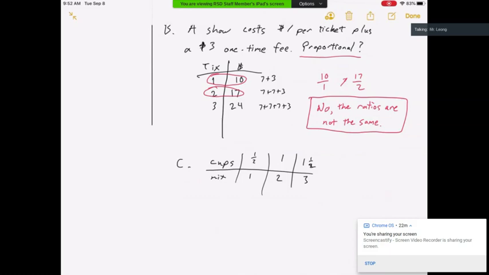Ooh, fractions. Fractions on top of fractions. Oh no, do I remember how to do that? I sure hope so. Give it a shot.